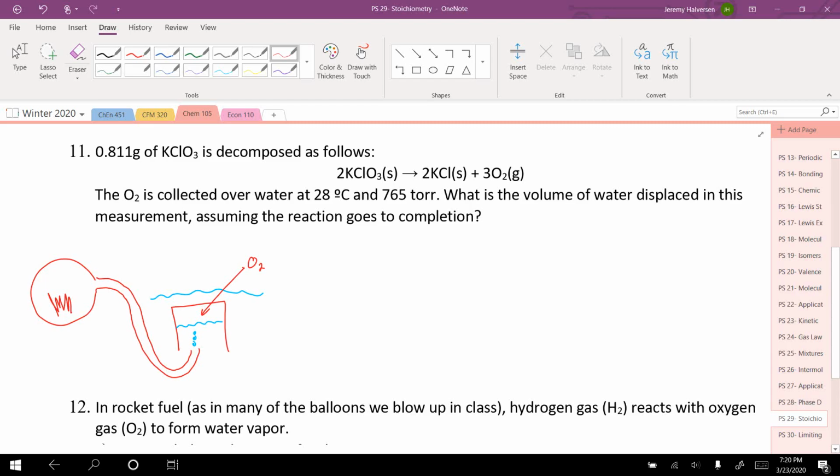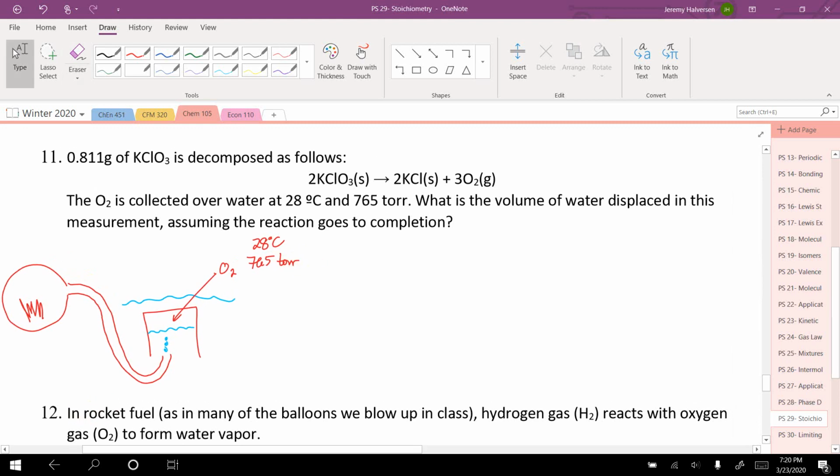And that's collected at 28 degrees Celsius at 765 torr. What's the volume of water displaced in this measurement? In other words, what's the volume of this space, assuming the reaction goes to completion?